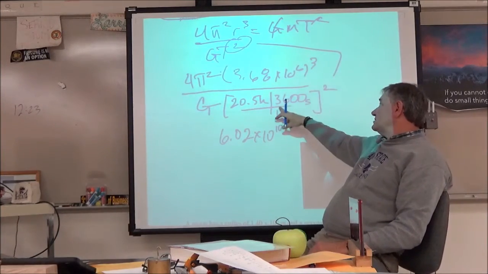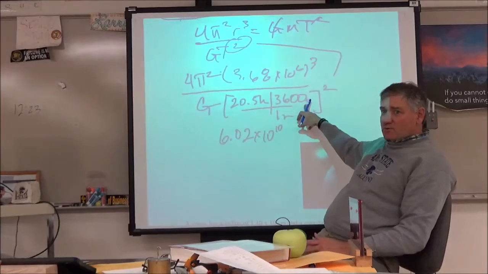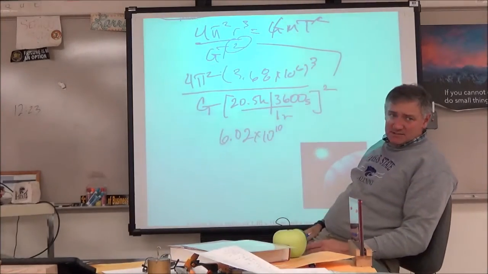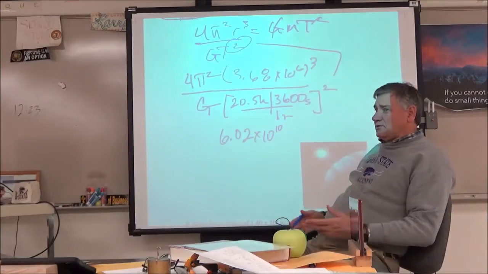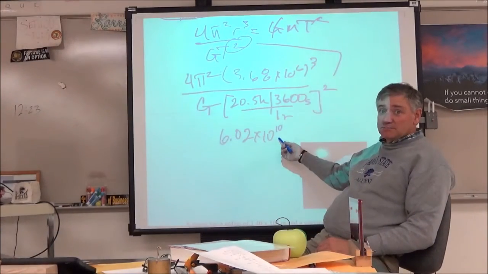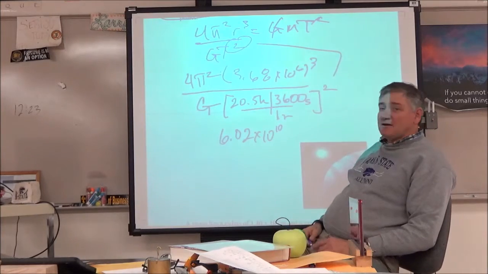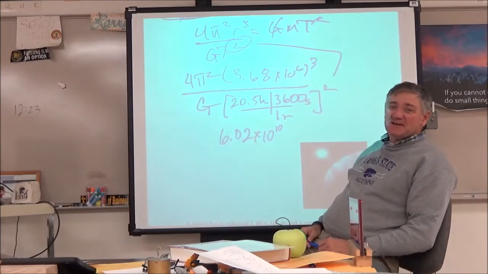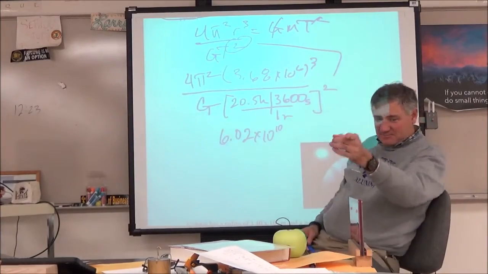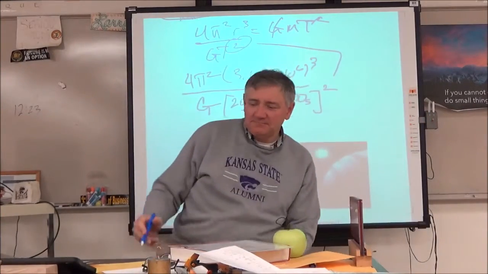And then this is roughly 10 to the 3rd squared, so that's like 10 to the 6th. 10 to the 29th divided by 10 to the 6th gives me about 10 to the 23rd. So this is way wrong. That's 5.41 times 10 to the 21st. I don't know what I did.